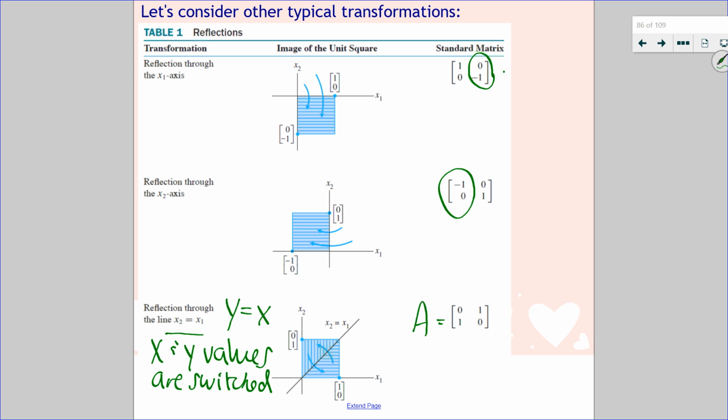So those are just interchanged. E1 and E2 are switched. So if you had the vector 4, 3, it becomes the vector 3, 4. And that's what happens when you reflect across the line y equals x, or in other words, x2 equals x1. And those are our typical reflections.